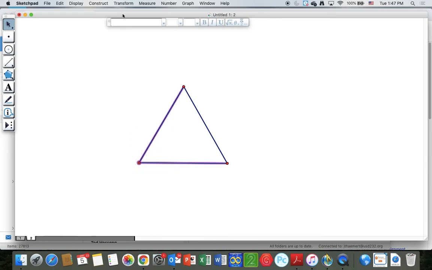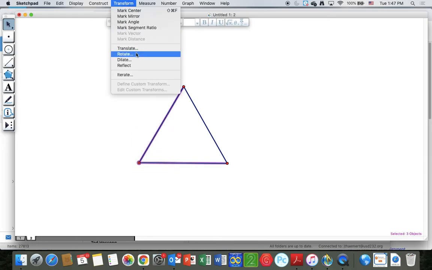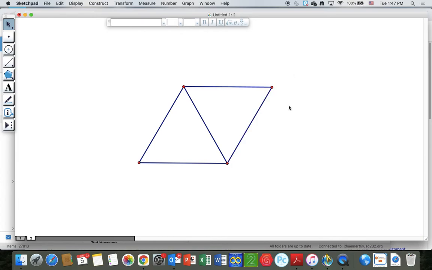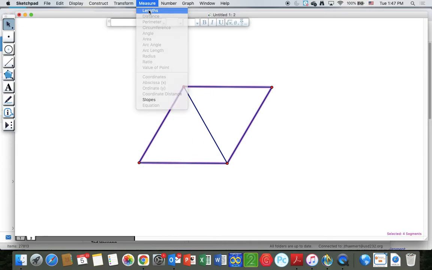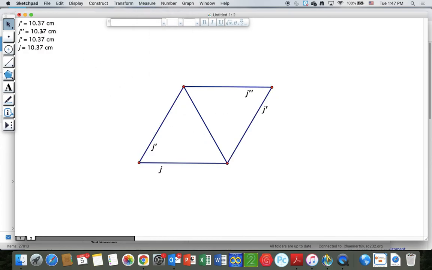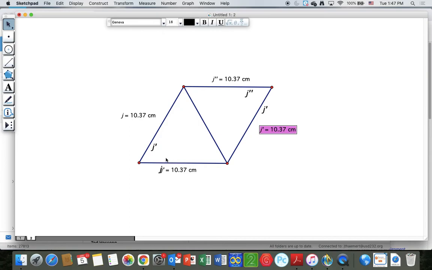There we go. Okay, so what I've done then is I have made a parallelogram. Now remember, all those properties are true, but I've also now made the lengths of those sides all the same. All these sides are the same lengths.